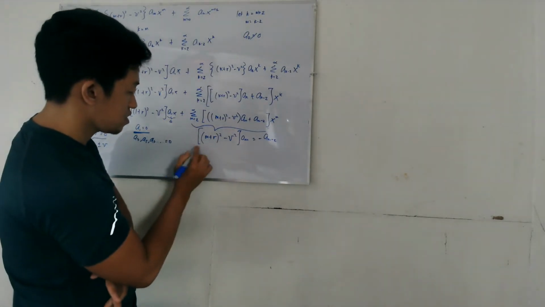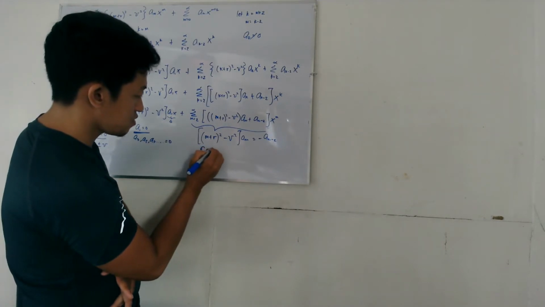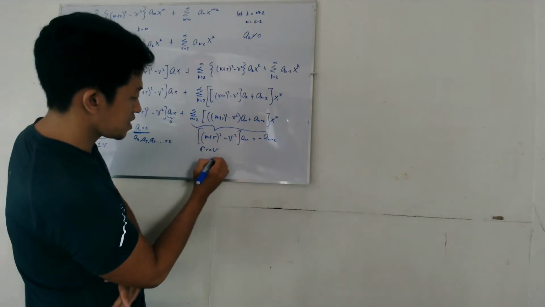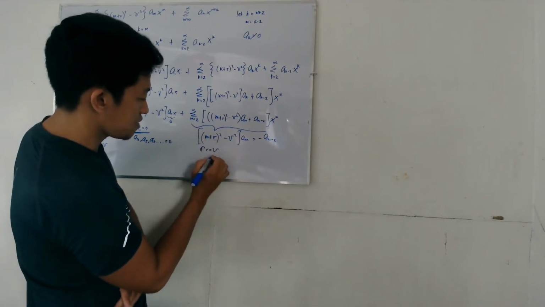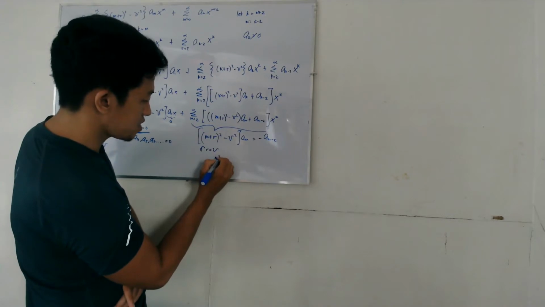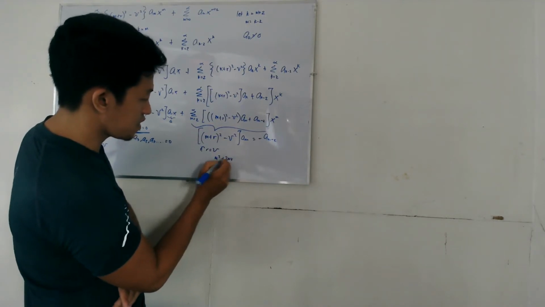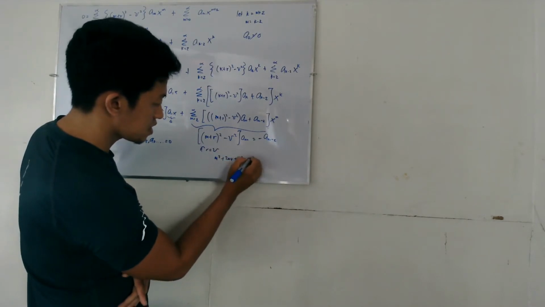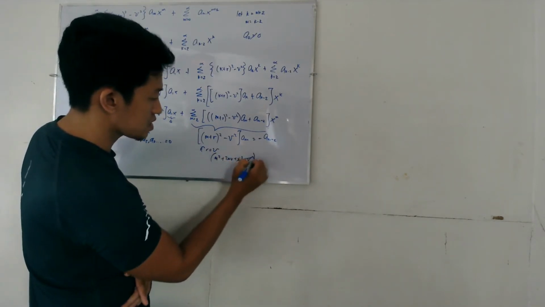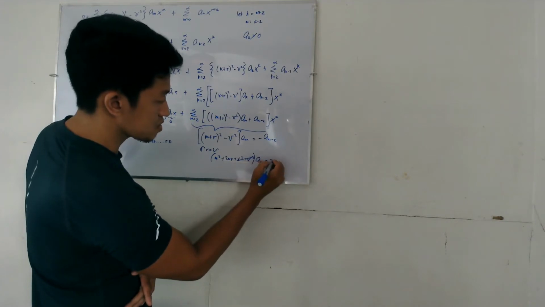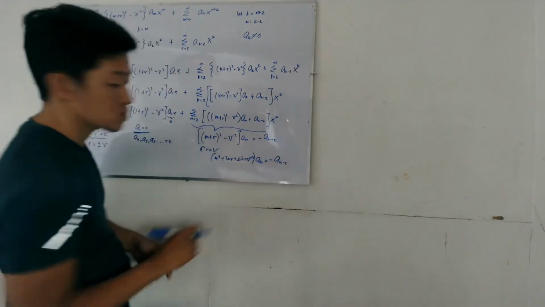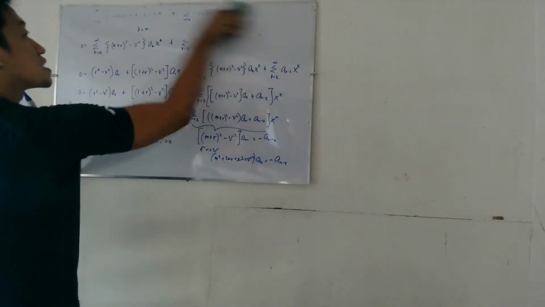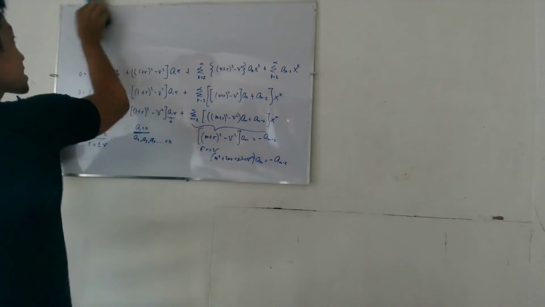So if r is equal to mu, it becomes m squared plus 2m mu plus mu squared minus mu squared, times a_m is equal to negative a sub m minus 2. Right?